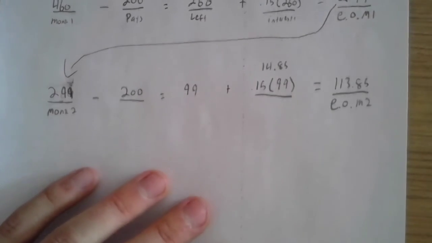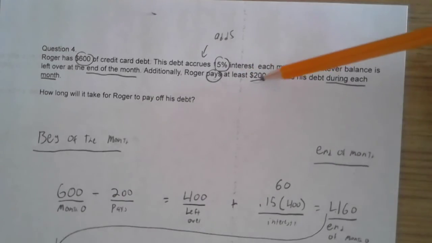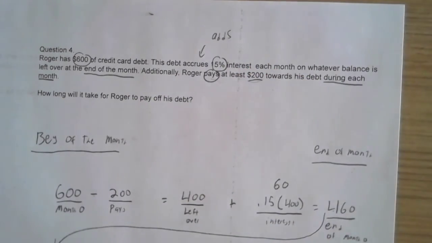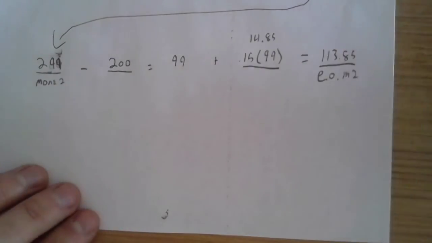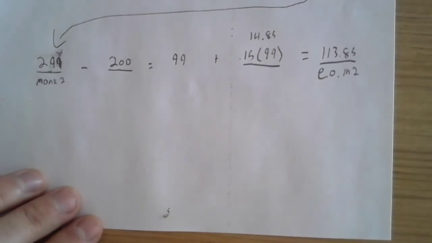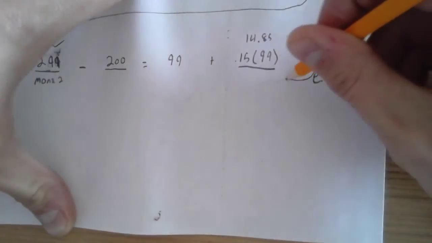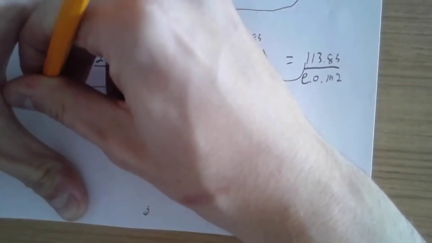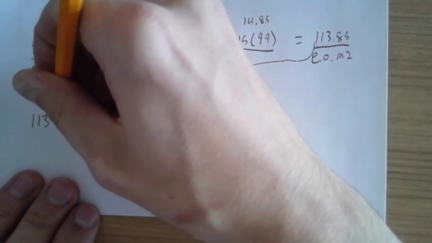We know at the beginning of the problem that Roger will pay at least $200. Up to $200 he will pay, no more than that. But in this case, there's only $113.85 left to pay. So at the beginning of our third month, we are going to pull this number down right here, $113.85.